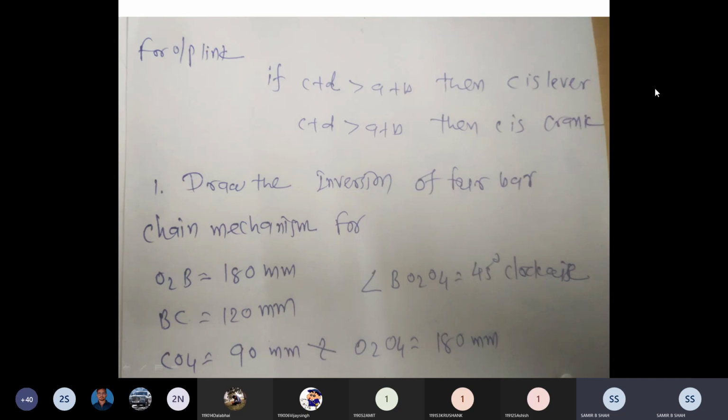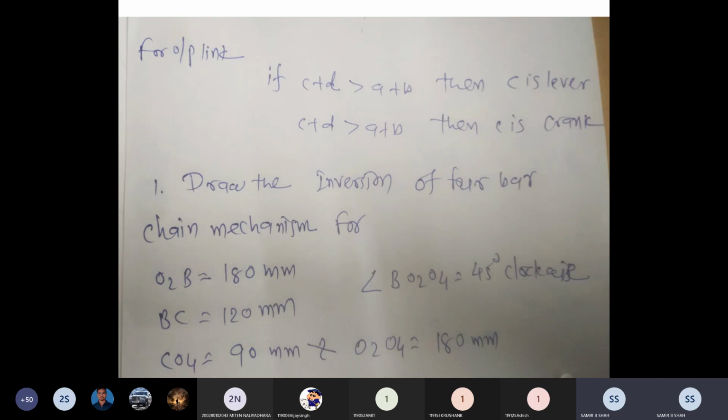O2B is 180 mm. As we know, when we talk about inversion, the fixing link may vary. If only one link is fixed for the whole system, then it is called a mechanism. But if the fixing link varies, then inversions are generated.